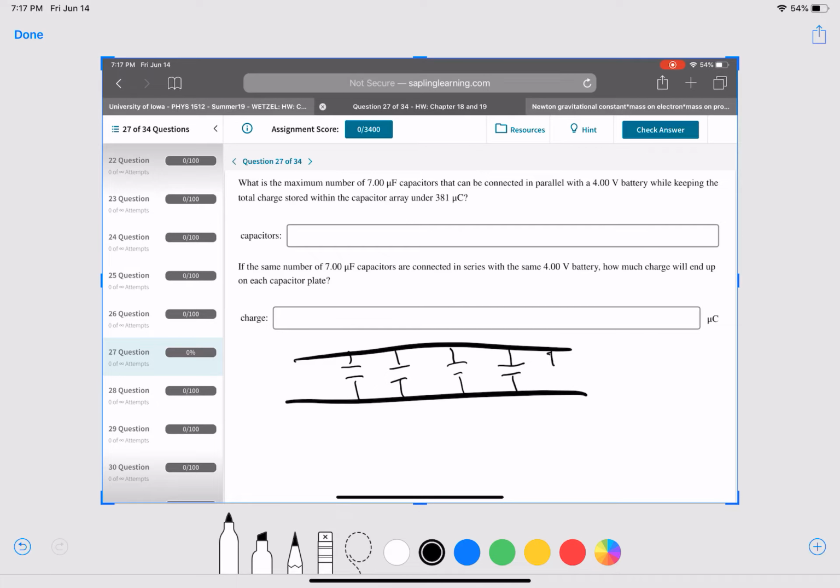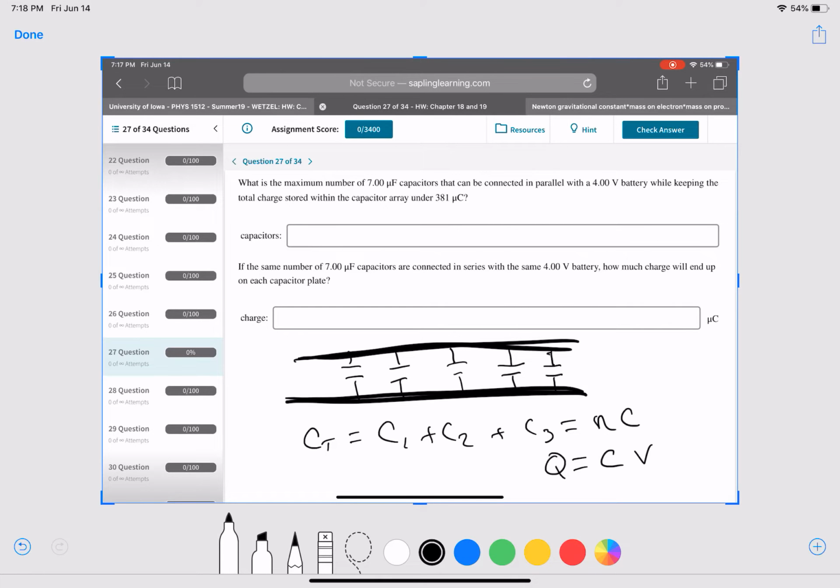That means you've ganged all the ends together, right? If you remember, the total capacitance for this is just C1 plus C2 plus C3. So you're going to have n number of capacitors to be your capacitance. And so the total charge is going to equal the total capacitance times the voltage.